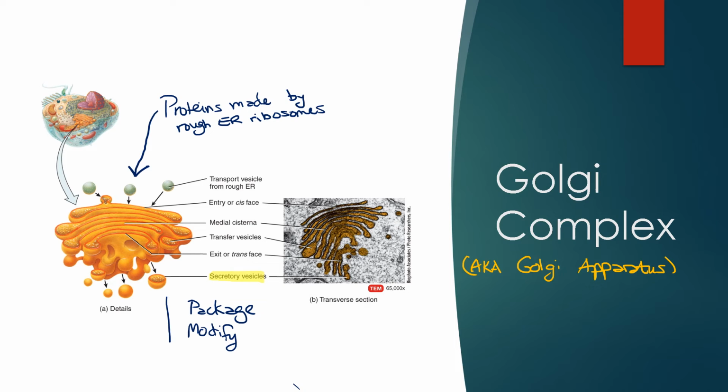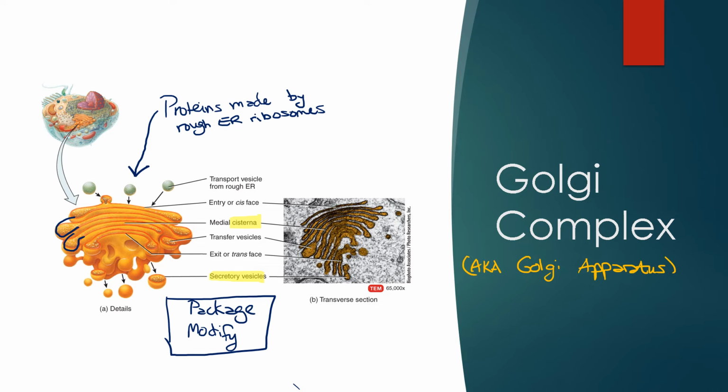So these are going to be kind of the main functions of the Golgi complex. Now the Golgi complex is made up of 3 to 20 of these cisternae. Now cisternae are very small, flattened sacs that have these bulging ends, you can see here.